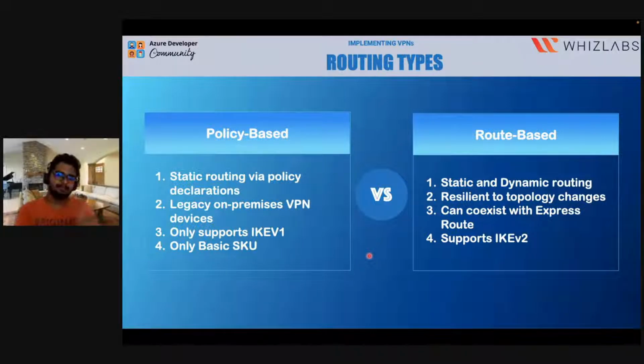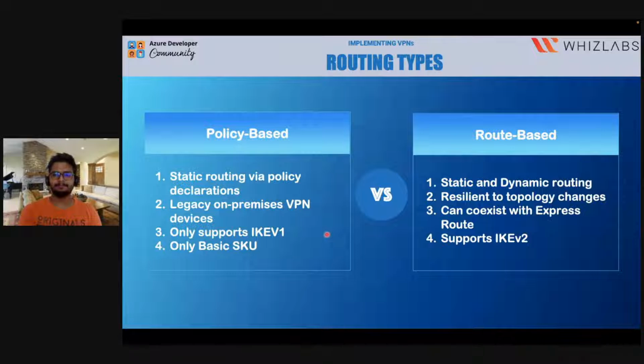One thing is that it allows legacy on-prem VPN devices to be used, so you can use your legacy on-prem VPNs in a policy-based system. It only supports IKEv1, which is a version, and it also supports only the basic SKU.